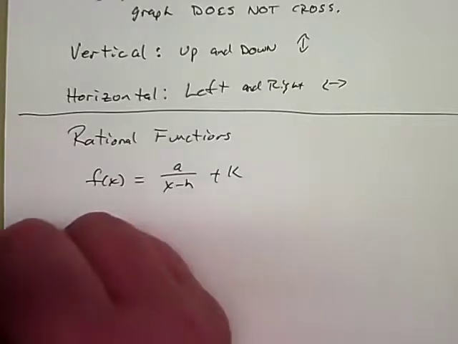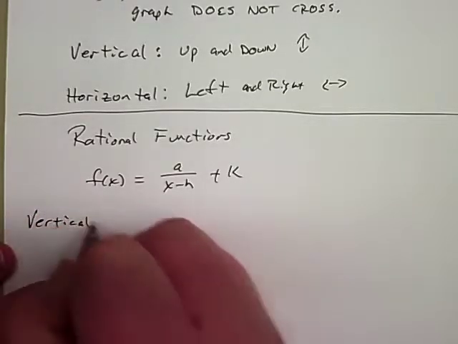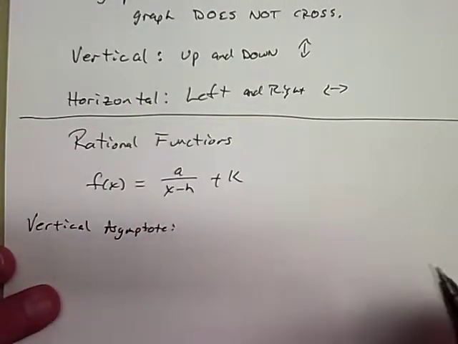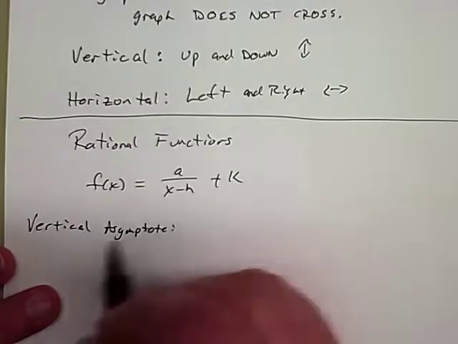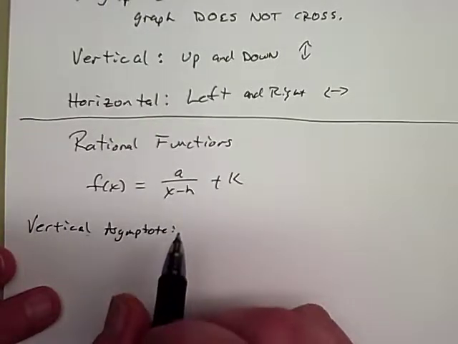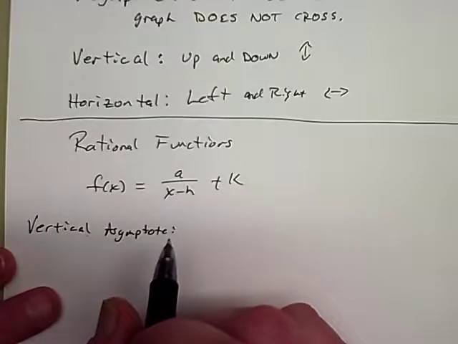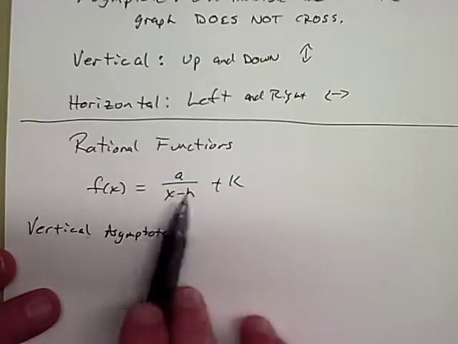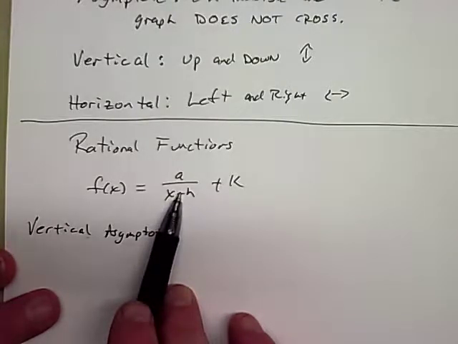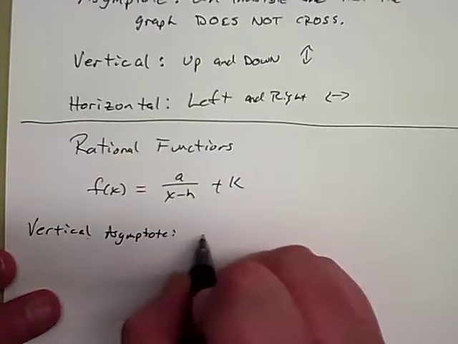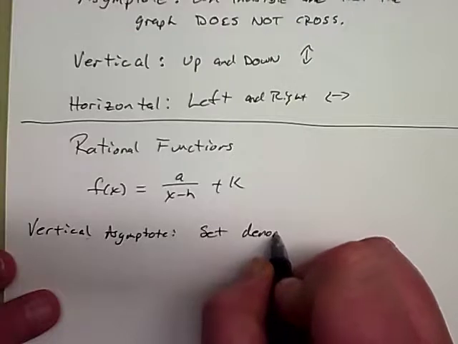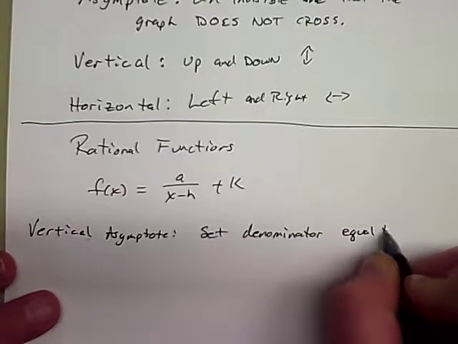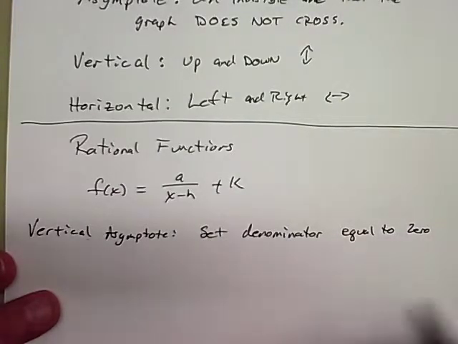All right, so let's dive into this guy. The vertical asymptote, so the vertical line. This is where the function would be undefined. In other words, I can't divide by 0. And so I'm going to find this by setting the denominator equal to 0, and then we're going to solve.